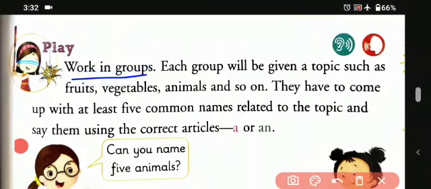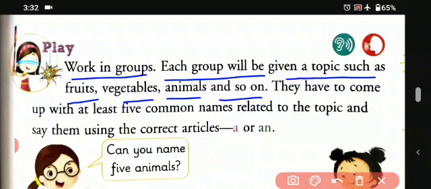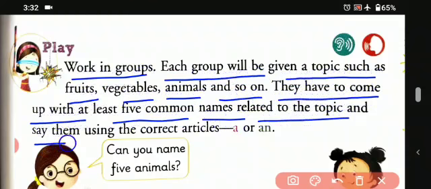Work in groups. Each group will be given a topic such as fruits, vegetables, animals and so on. They have to come up with at least 5 common names related to a topic and say them using the correct articles, a and an.